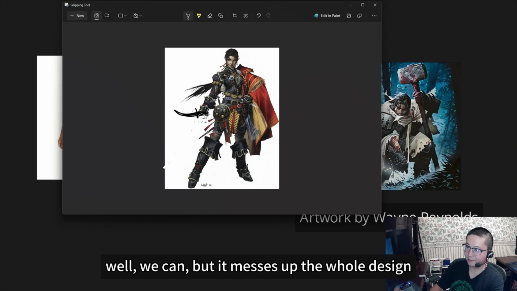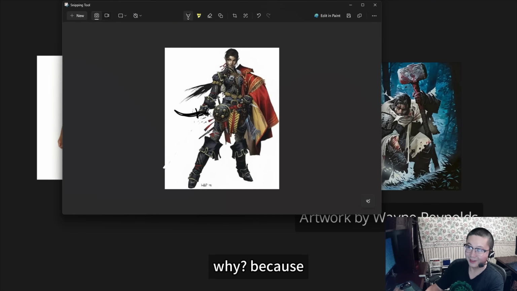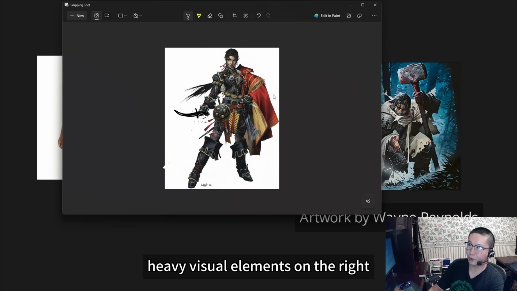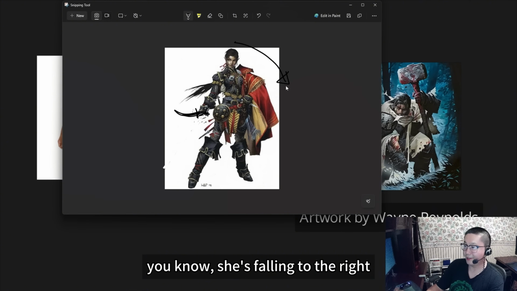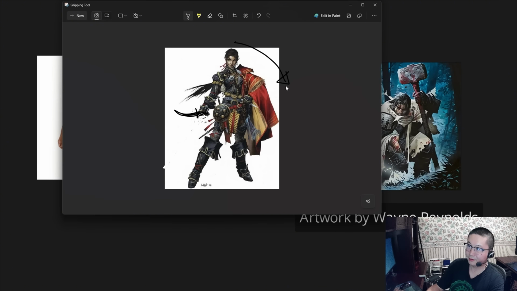Well, we can, but it messed up the whole design. Why? Because here we have all those heavy visual elements on the right, and this thing is not enough to counterbalance the visual weight. And as a result, the character will feel like she's falling to the right, or her left.